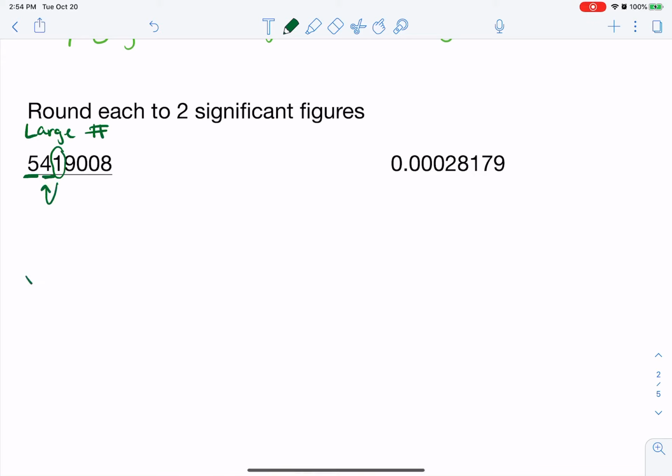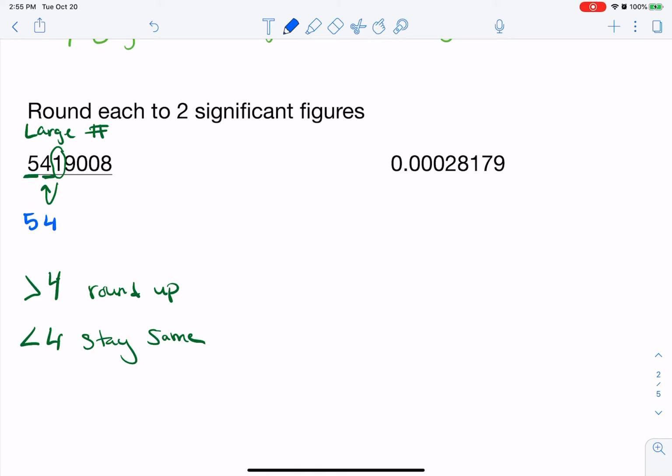So if your number is greater than 4, you round up. If it's less than 4, you stay the same. Okay? So looking at this, 1 is less than 4, so it's going to stay the same. So we put 5, 4.